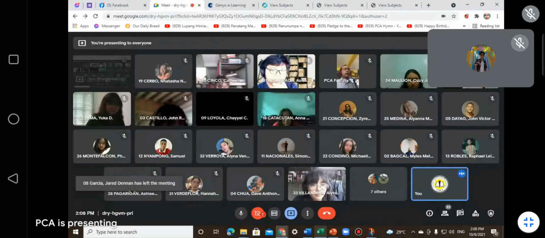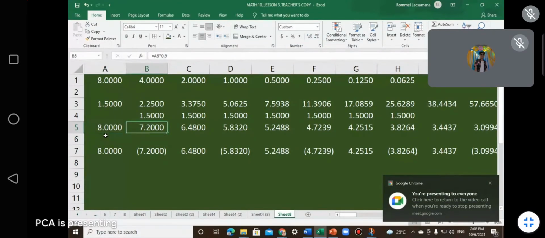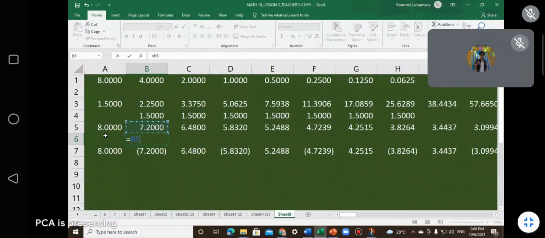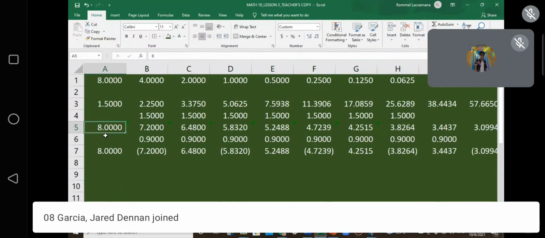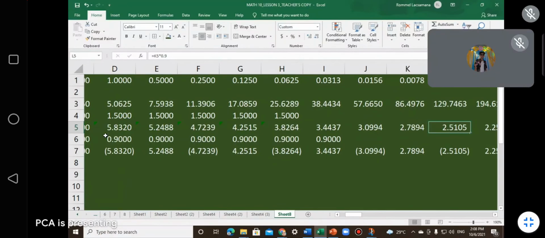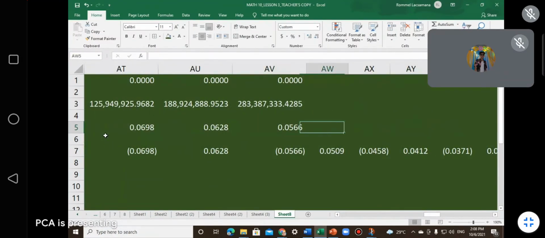Okay, let's go. What about this? I'm going to increase this by 7.2 over 8. It's 0.9. It's in between, so let's look at everything. But look at what happens at the end, it goes to 0.